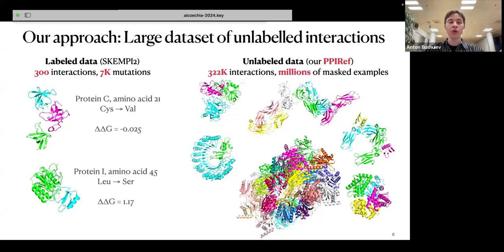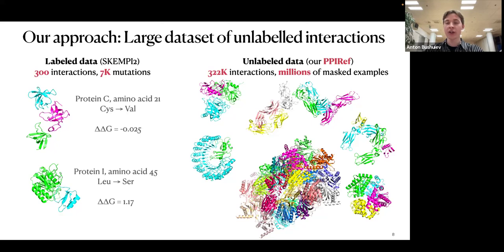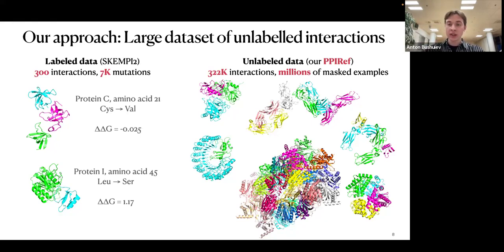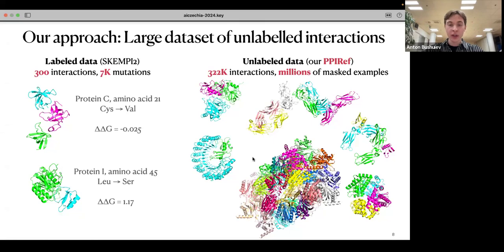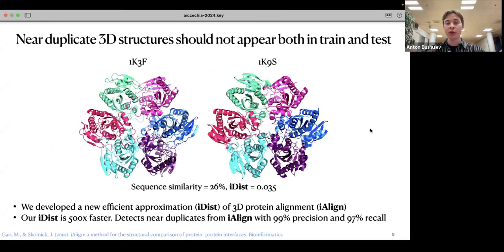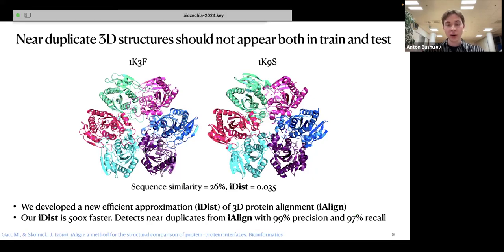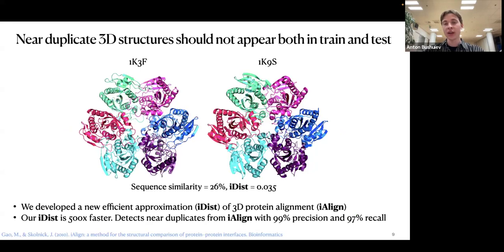And now, before I'm going to continue with how to really leverage this large unannotated data for machine learning, it's important to mention a certain aspect of its preprocessing. So working with such large data, it's really important to ensure that we evaluate generalization and not just how well the model overfits to training data.